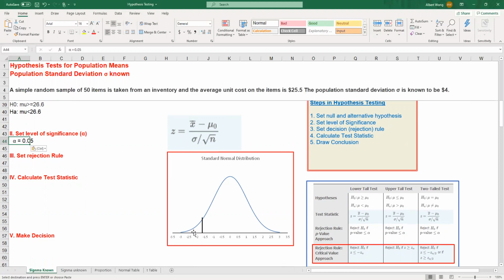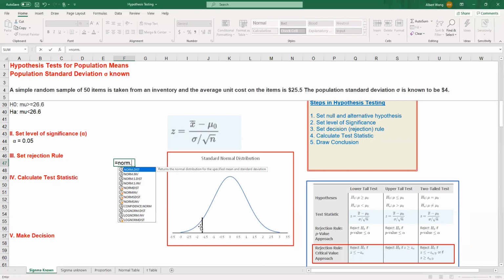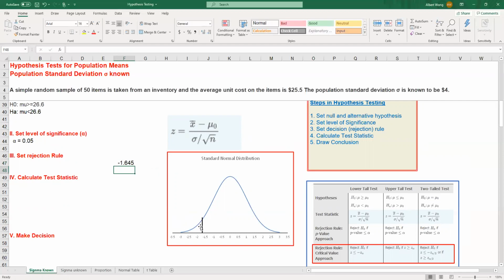Well, if the area here is 0.05, what is the point that corresponds to the area equal to 0.05? Right? The point that corresponds to this area equal to 0.05 can be found by either using Excel, NORM.INV, right? And the area is 0.05, then mean is 0, standard deviation is equal to 1, and that number is equal to negative 1.645.